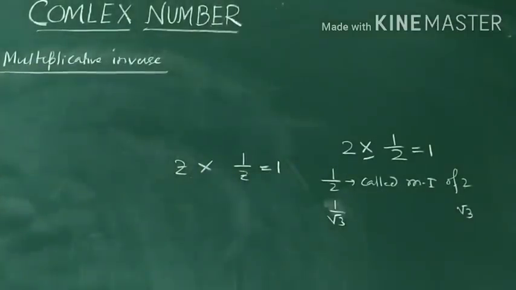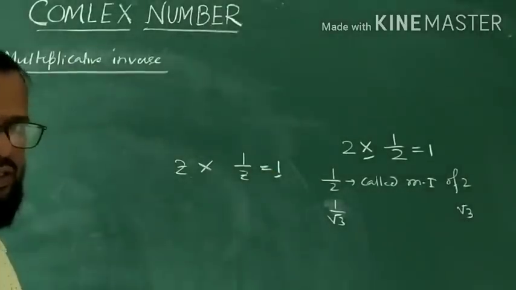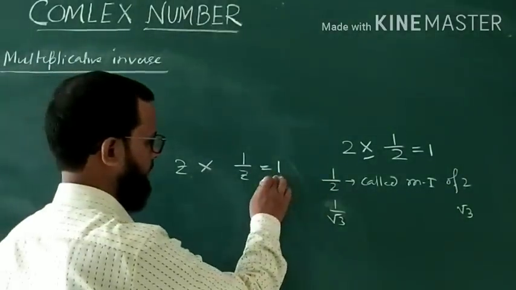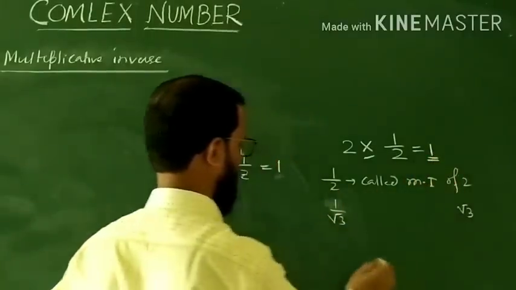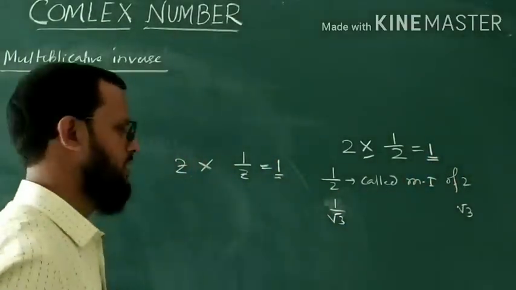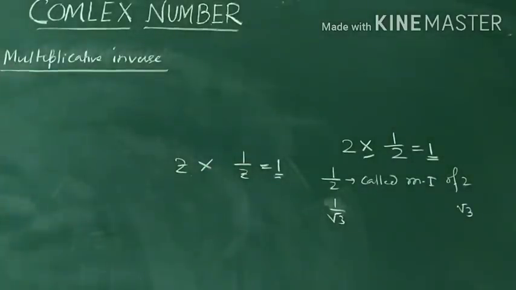And 1 is also a complex number, and it is called the identity, the multiplicative identity. So Z is a complex number, and 1 by Z is called the multiplicative inverse of this complex number Z.